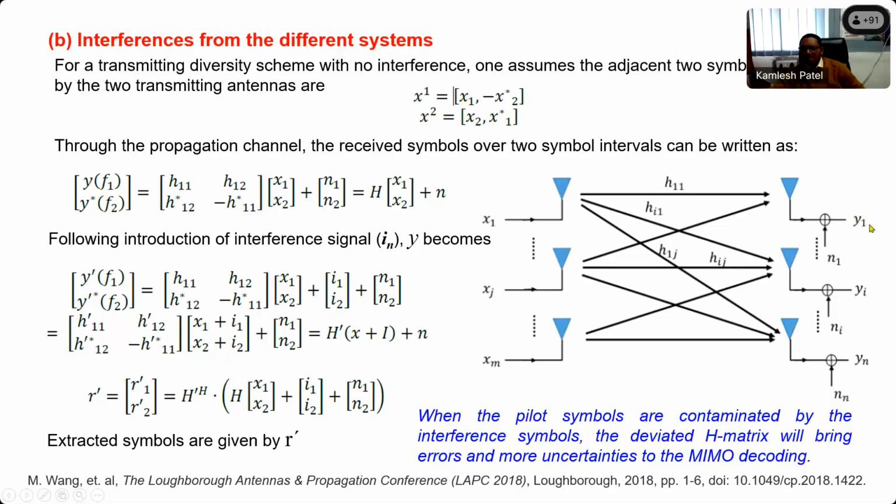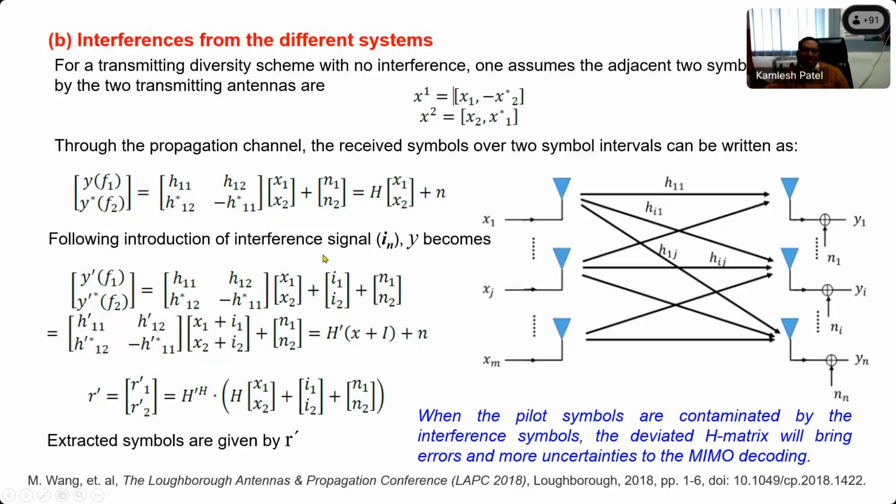So y is a function of the H, and the noise is introduced on the receiver side. So once the noise is introduced, y is a function of the h coefficients, x values, and the n. So mathematically, in matrix form, we can write H in bracket x1, x2 plus n.